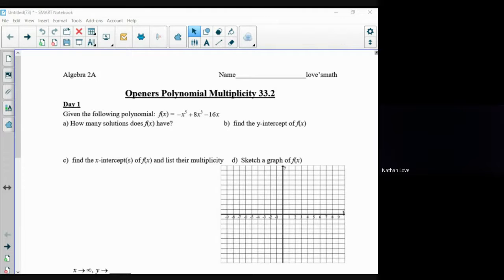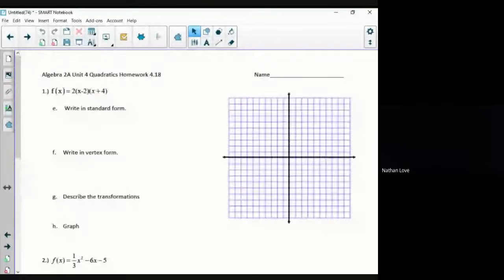Let me switch the page. So we get to finish up our quadratic notes. Question time.